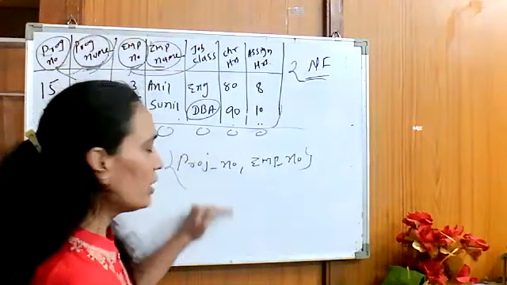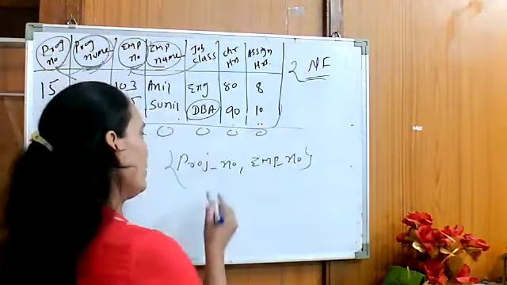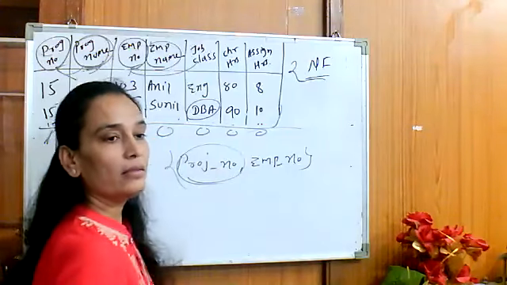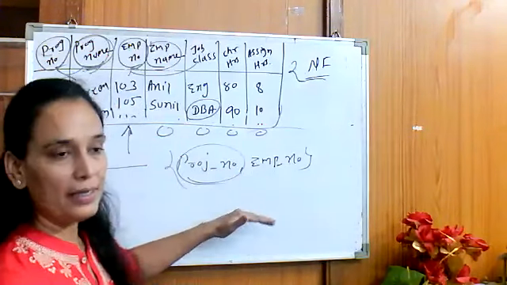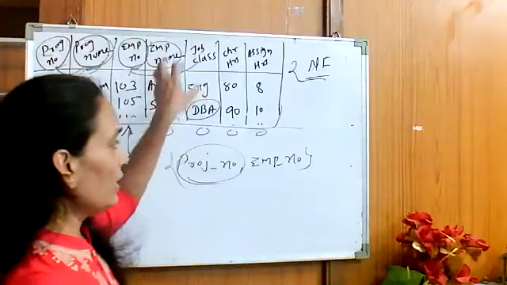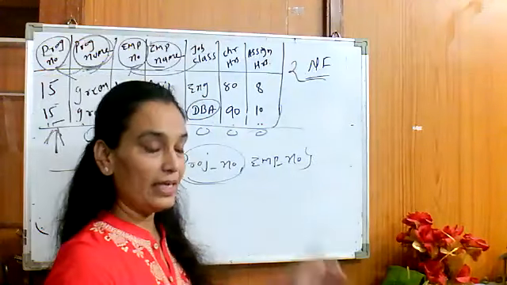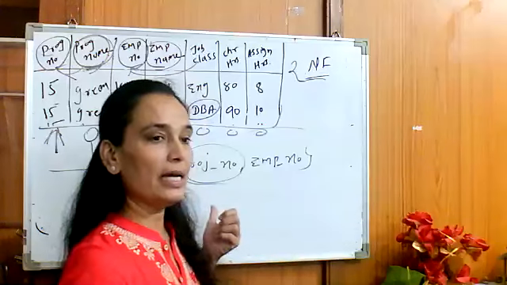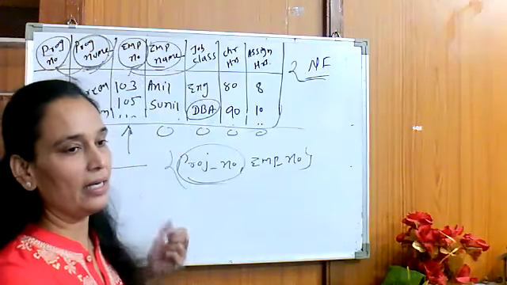If we have only a single attribute primary key, there will be no problem related to partial dependency and this table will be in second normal form automatically. Only if there is a single key attribute can this happen.